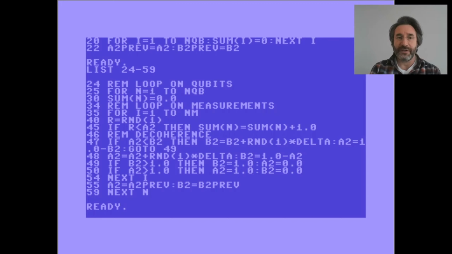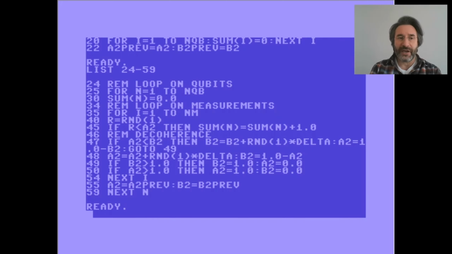On line 46, we have a comment that practically tells us this is the beginning of the decoherence algorithm that we just explained. So line 47 is going to perform in practice the algorithm. So if A2 is smaller than B2, we practically change the value of B2 and then jump to line 49, and if this is not the case, we modify the value of A2. But the way we modify them is we are pushing them to become delta Dirac distribution functions.